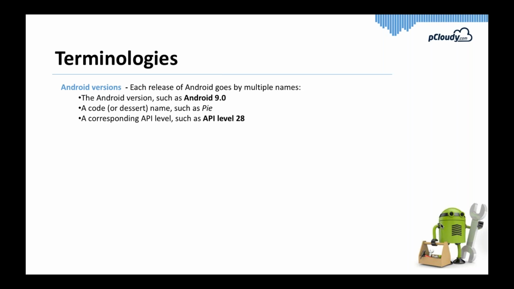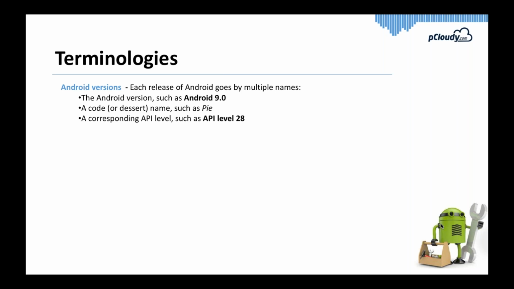So when we talk about Android version, there are 3 things. One is the version name, which is like Android 8.0 or 9.0. Then there is a code name associated with it. And then one of the most important data points to look at is the API level associated with that version.